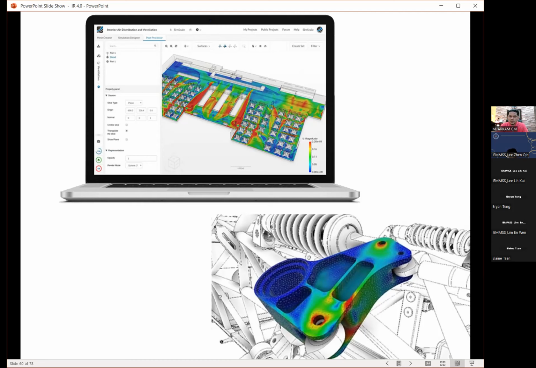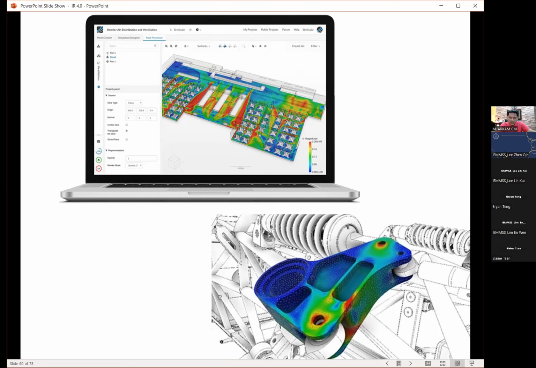So you need a very good simulation, and maybe you can create your own simulation as well, to get it right the first time, to eliminate the potential of defects or inconsistency. Then you can produce the best products for your clients.